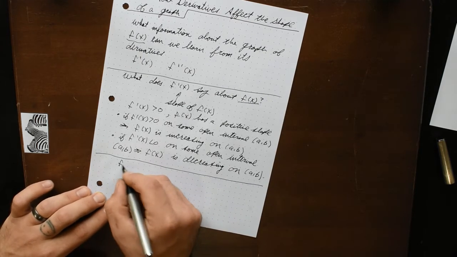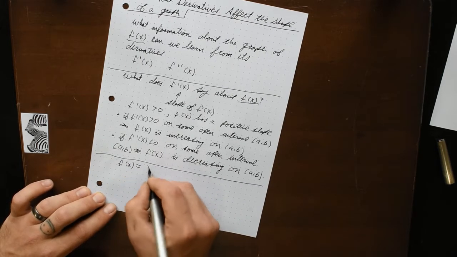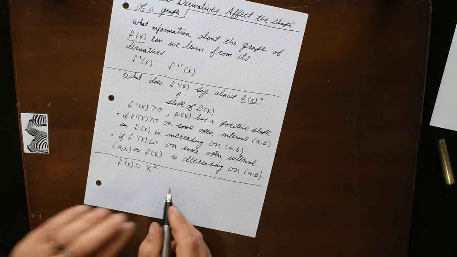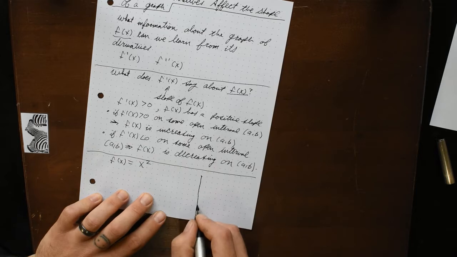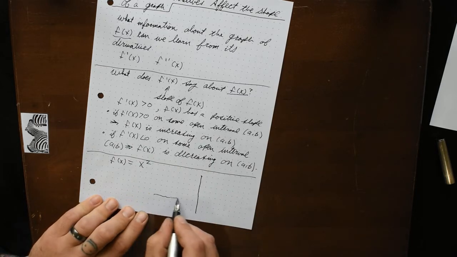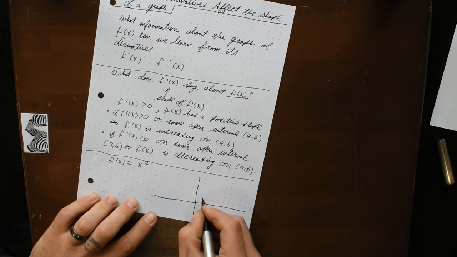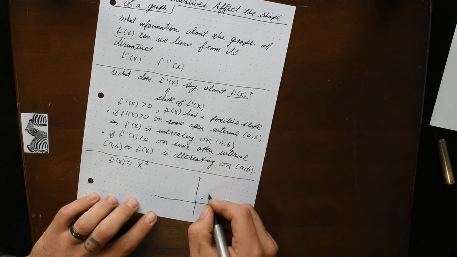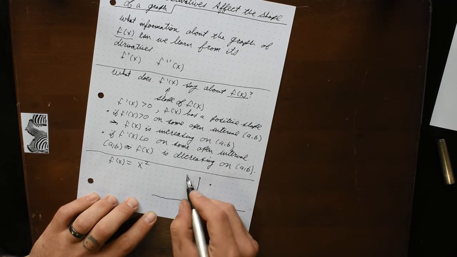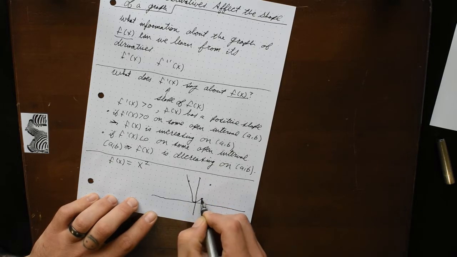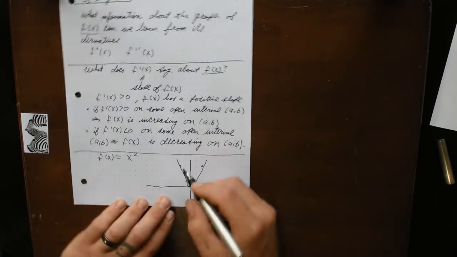So, for example, if we had f of x equal to x squared, this is straightforward to graph. We go through 0, 0, 1, 1, and 2, 4, same over there. Oops, that was a horrible plot of x squared.